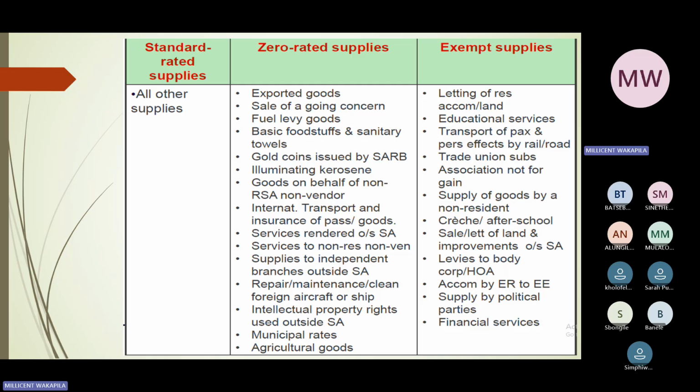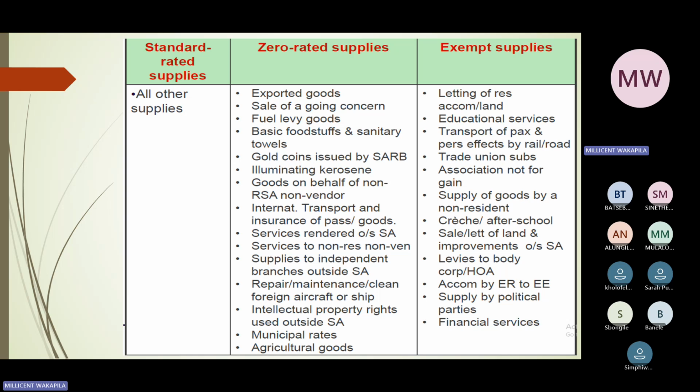So repair, maintenance, cleaning of aircraft or shipment doesn't come out a lot. And then intellectual property rights doesn't come out a lot. The ones that come out a lot are municipal rates and agricultural goods, right?